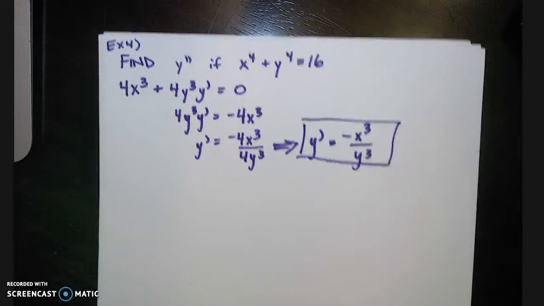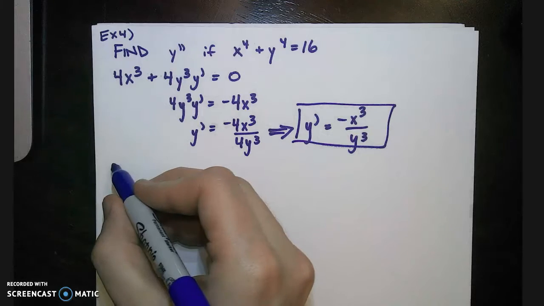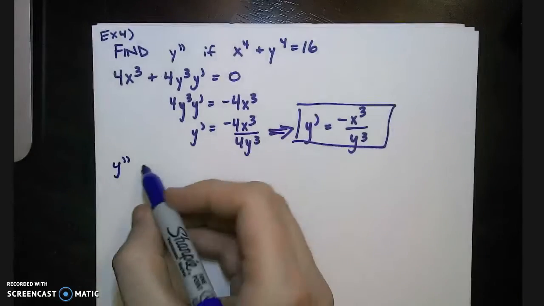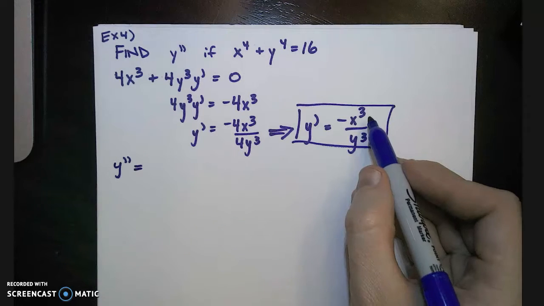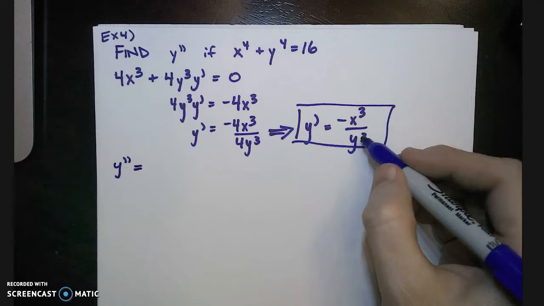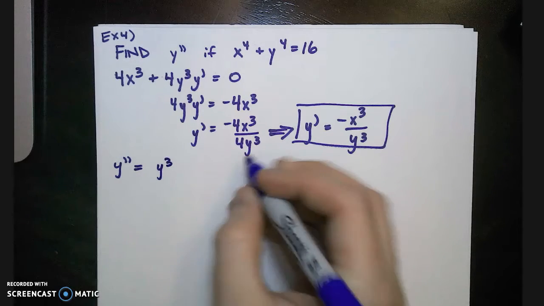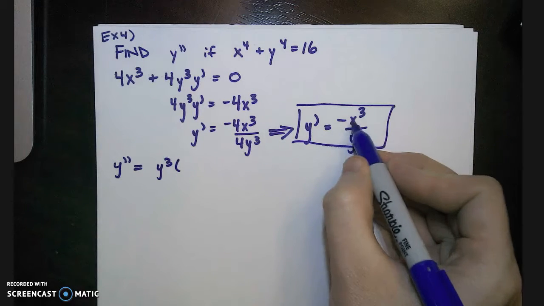Now we're going to use that to find the second derivative. So for my second derivative, I'm going to have to use the quotient rule. So over here, I'm going to have low d high. So low is the bottom, times the derivative of the top. So that'll be negative 3x squared.